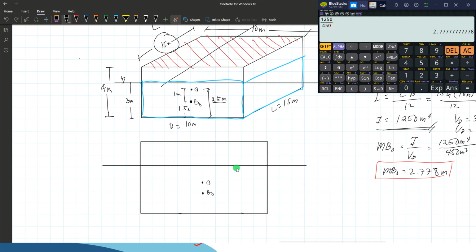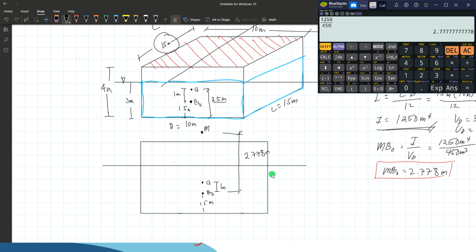This is 1.5, this is 1.5, and this is 1 meter. 2.778 is slightly above the scow. We just measure 2.778, it's right here, your M, 2.778 meters. So that's your MBO.